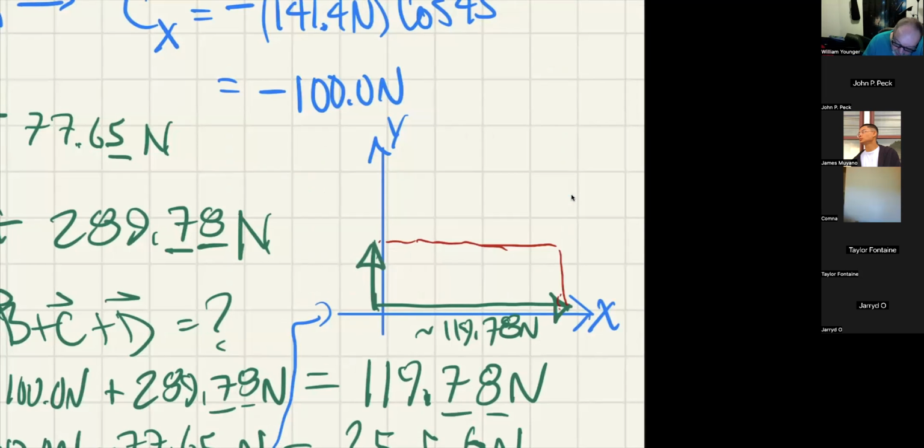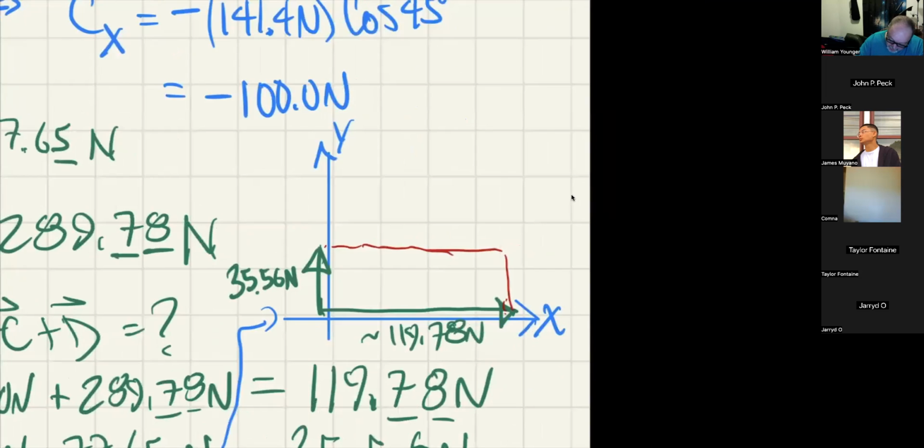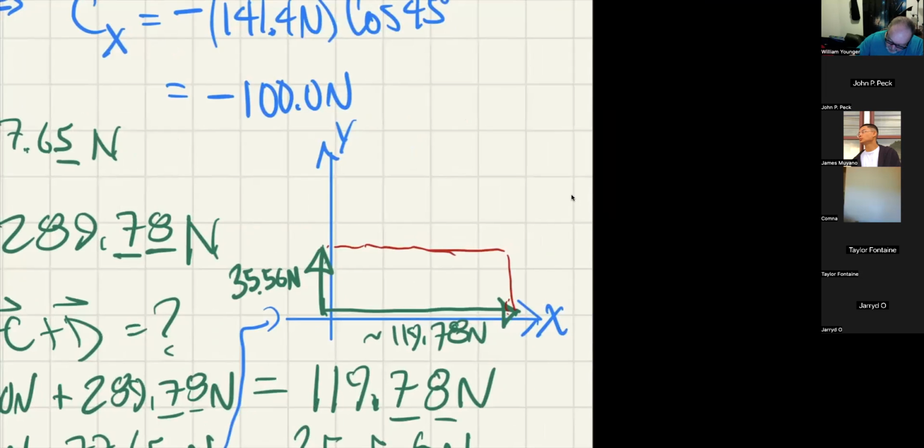I will grab this 35.56 Newton vector. I will grab it and slide it along the horizontal vector. It's almost like it has like a little loop down here that I'm going to slide, and then the vector will be right here.